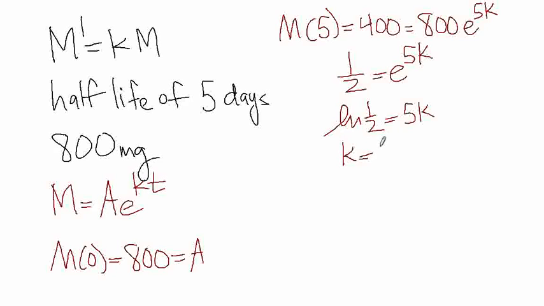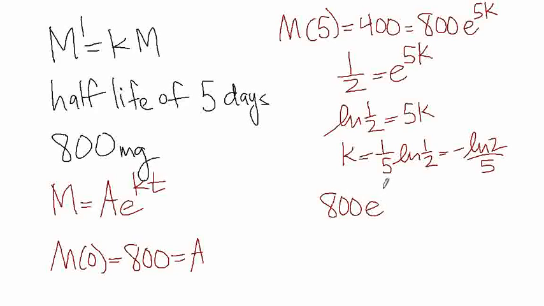So k is equal to 1/5 ln of 1/2. By the way, the ln of 1/2 is equal to minus the ln of 2, so I can write that as minus ln of 2 over 5. So the function we're looking for is 800 times e to the minus ln of 2 over 5 times t.